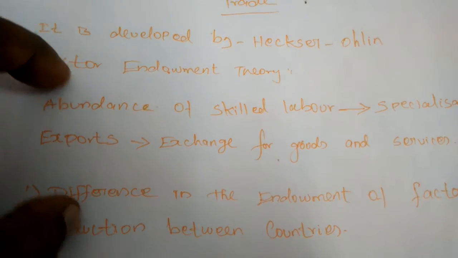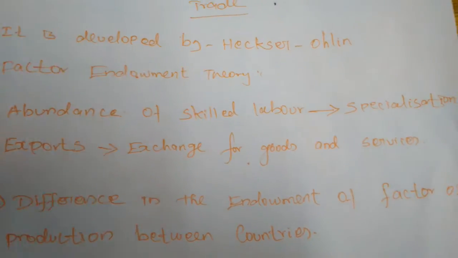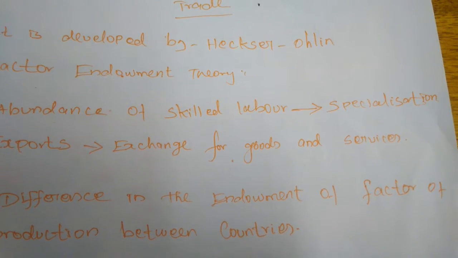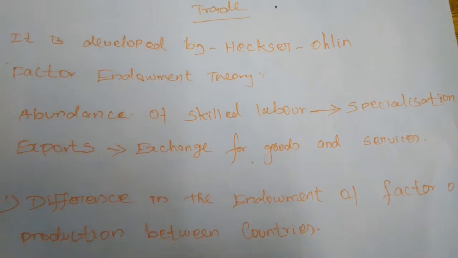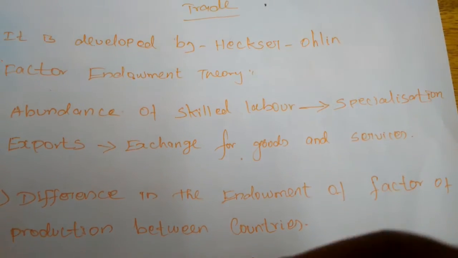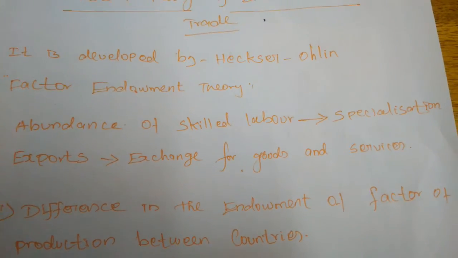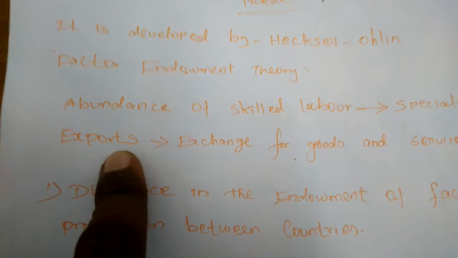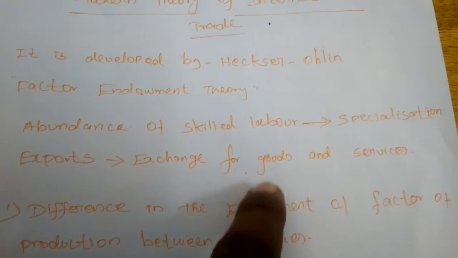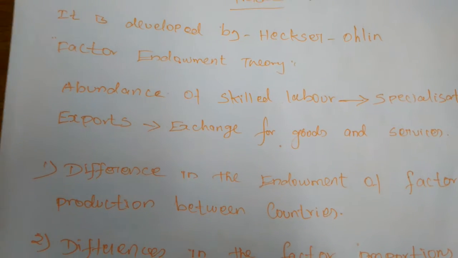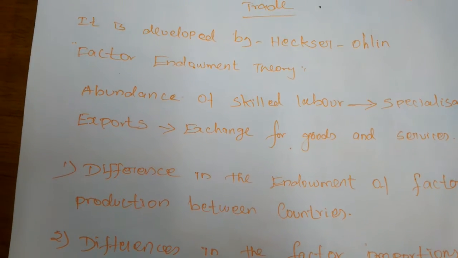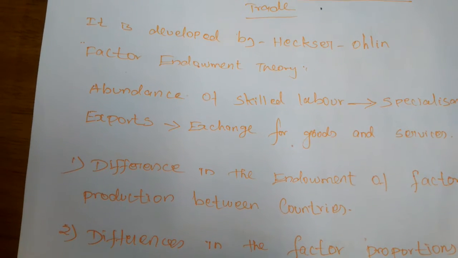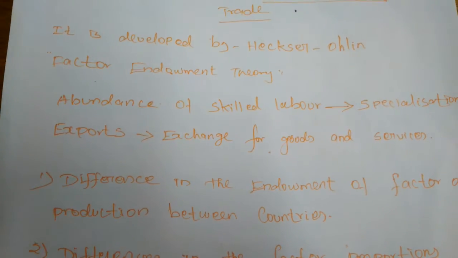The abundance of skilled labor will create specialization in producing a particular line. If they get the specialization, they can export more commodities in exchange for goods and services produced by countries with an abundance of unskilled labor.